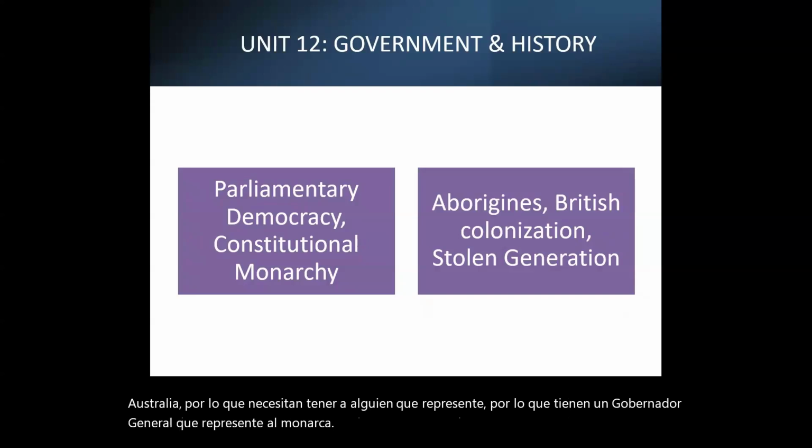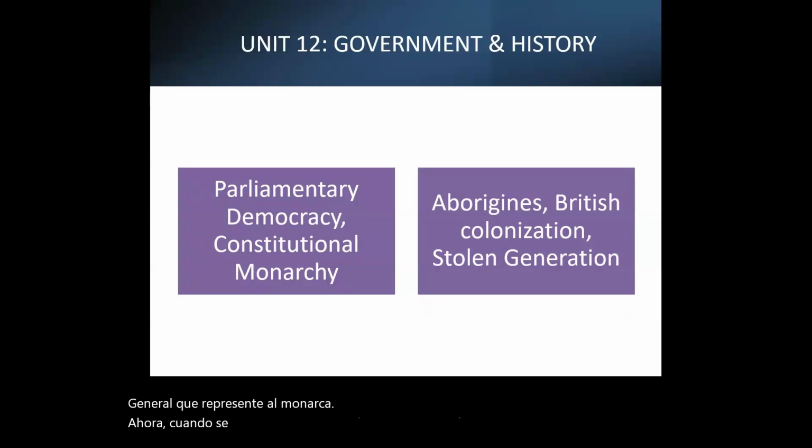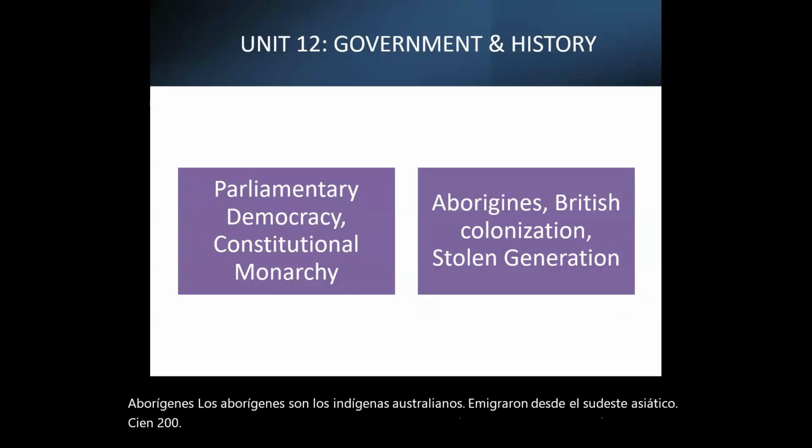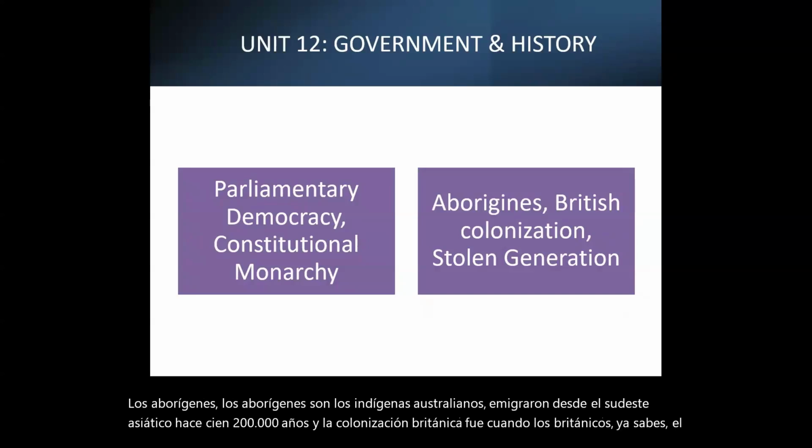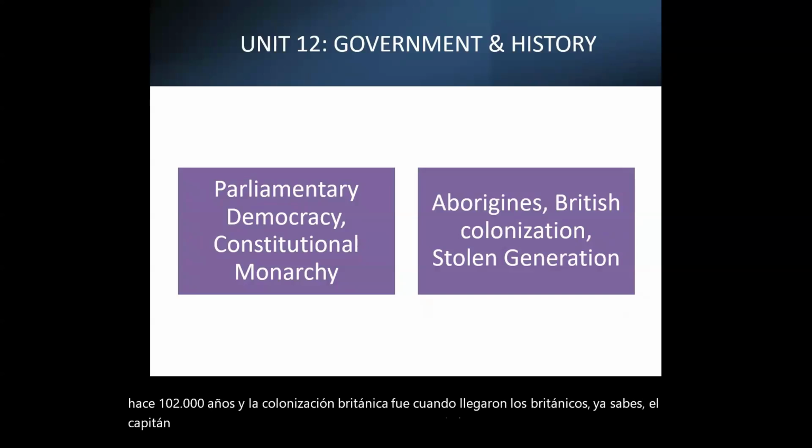Now, when it comes to history, Aborigines are the indigenous Australians. They migrated from Southeast Asia 100, 200,000 years ago. And British colonization is when the British, Captain James Cook, came over to the land of Australia and said, "Yo, King, I got this spot.